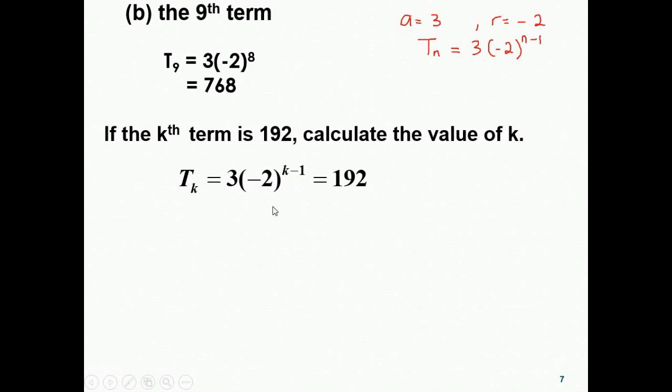Then simplify this expression. We have -2 to the power of k minus 1 is equal to 192 divided by 3, which is equal to 64.